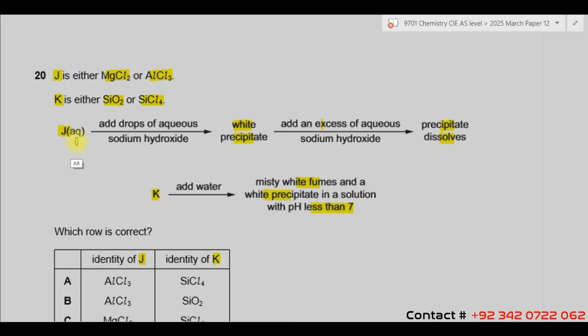Okay, so let's start with J. J, aqueous. So it can be magnesium chloride or aluminum chloride. In magnesium chloride we have Mg2+. In aluminum chloride we have aluminum 3+. When a few drops of aqueous sodium hydroxide are added, it forms magnesium hydroxide, and this one forms aluminum hydroxide.